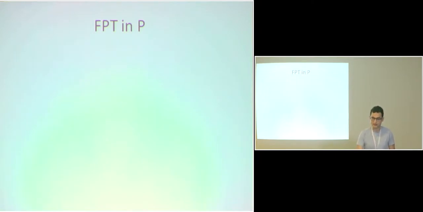Before I go there, I can tell you that once you start caring about both the polynomial factor, n to the c, and the dependence on the parameter, there is no reason to restrict yourself anymore to NP-hard problems. There's no reason to only look at NP-hard problems and ask for algorithms that run in time f of k times n to the c.